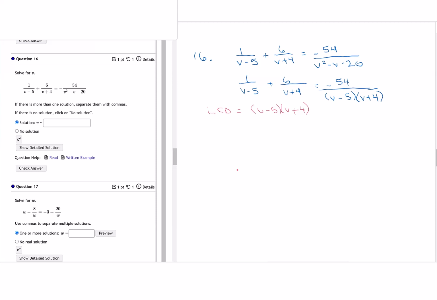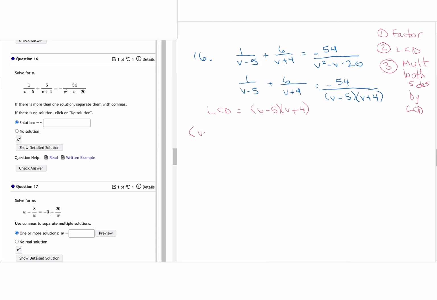Remember the steps. Step 1, factor. Step 2, find the LCD. Step 3, multiply both sides by the LCD.